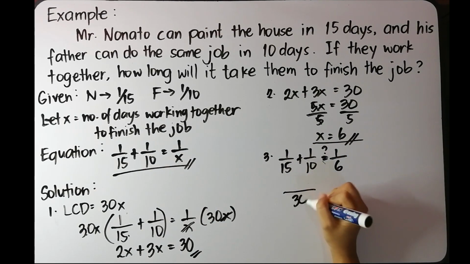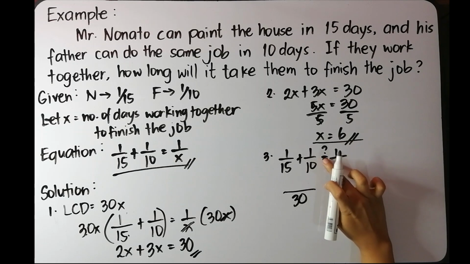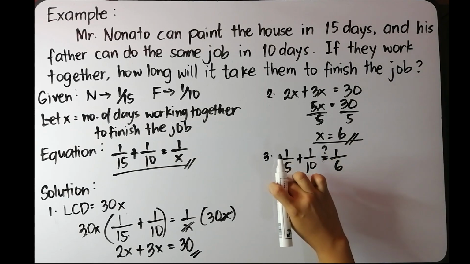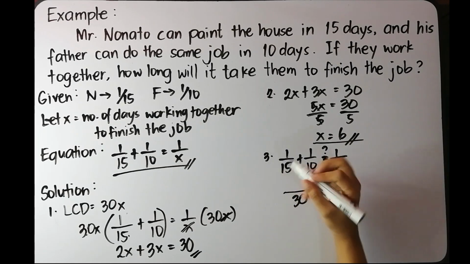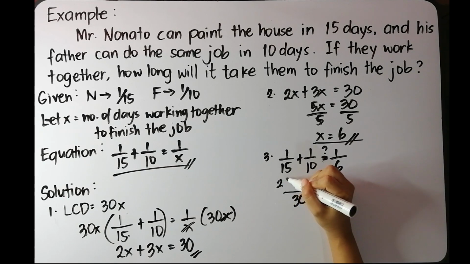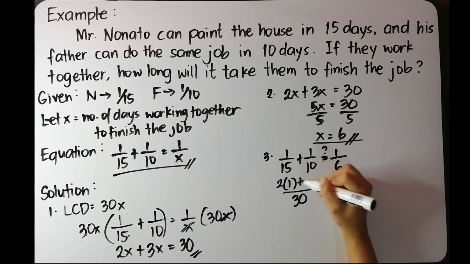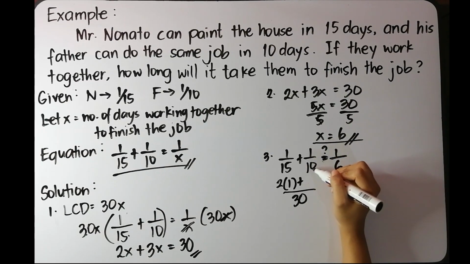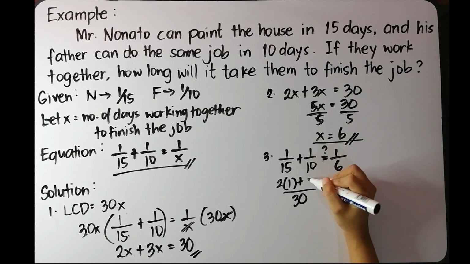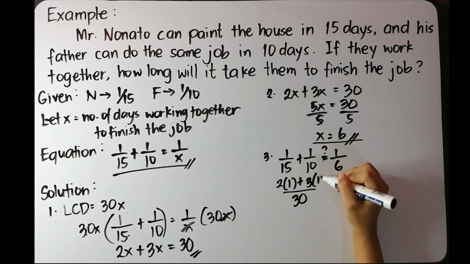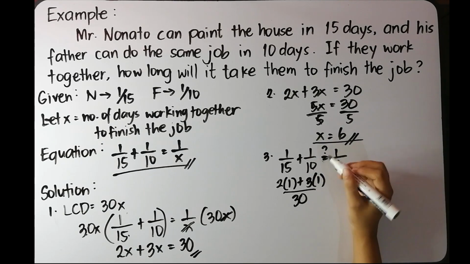So the LCD here is 30. 30 divided by 15 equals 2. So multiply that to the numerator, which is 1. Then plus 30 divided by 10, we have 3, times the numerator of 10, which is 1.